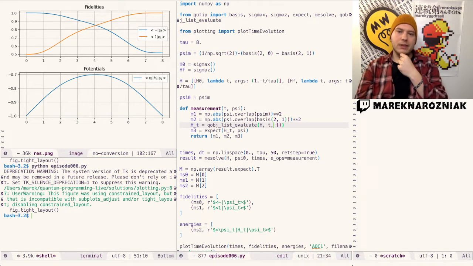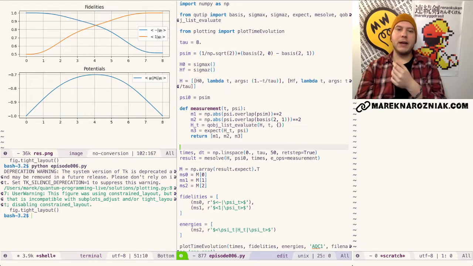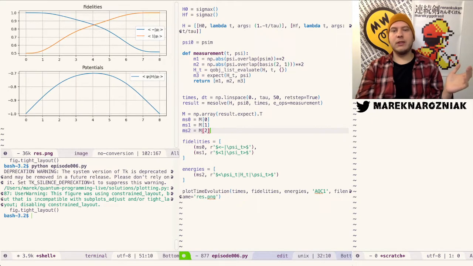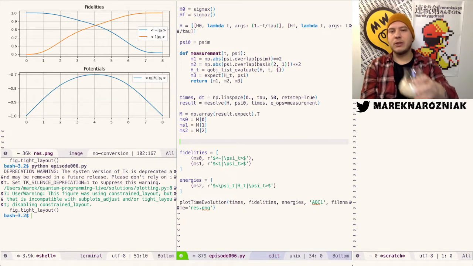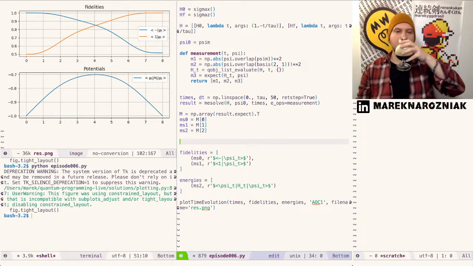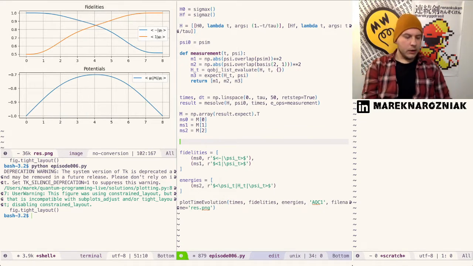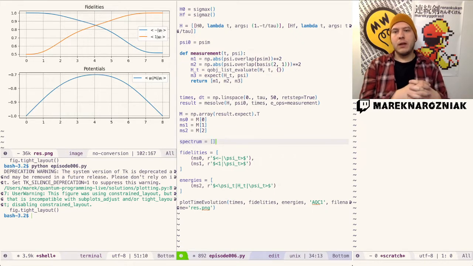For this, we would need to compute the energy spectrum at every moment of time. Let's do it using those really neat Python one-liner expressions. The energy spectrum of H is going to be a list of values.